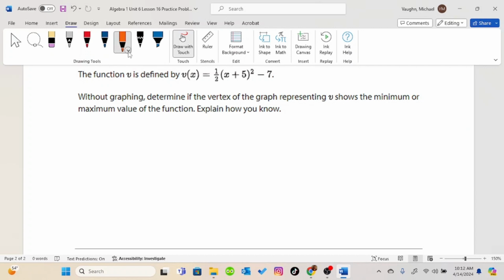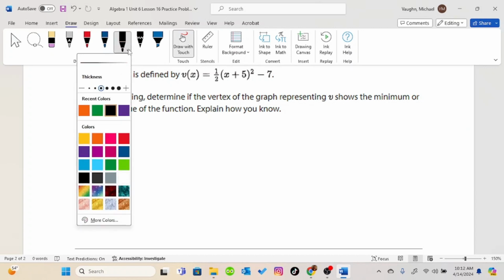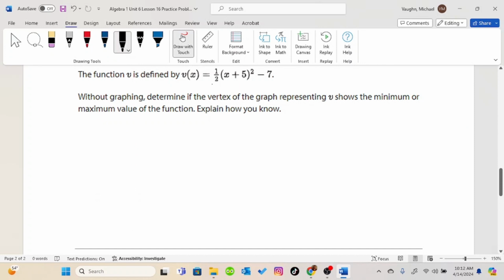So remember that this is vertex form. And vertex form is y equals a times (x minus h) squared plus k.